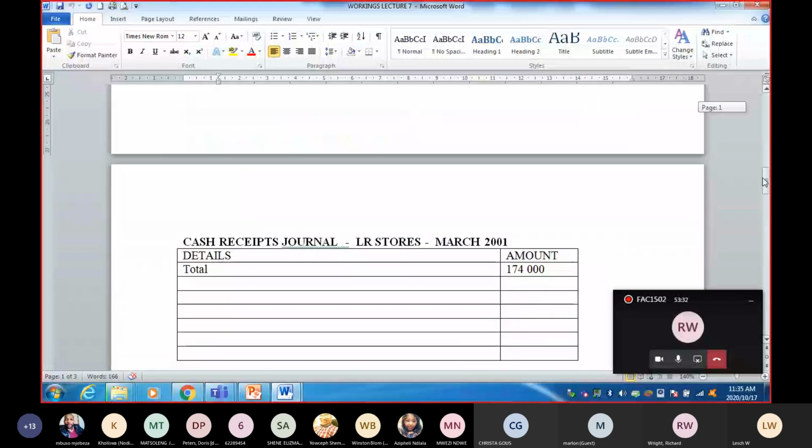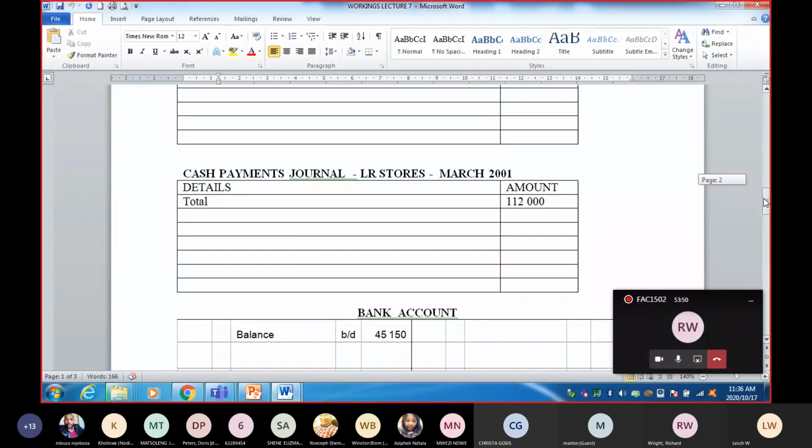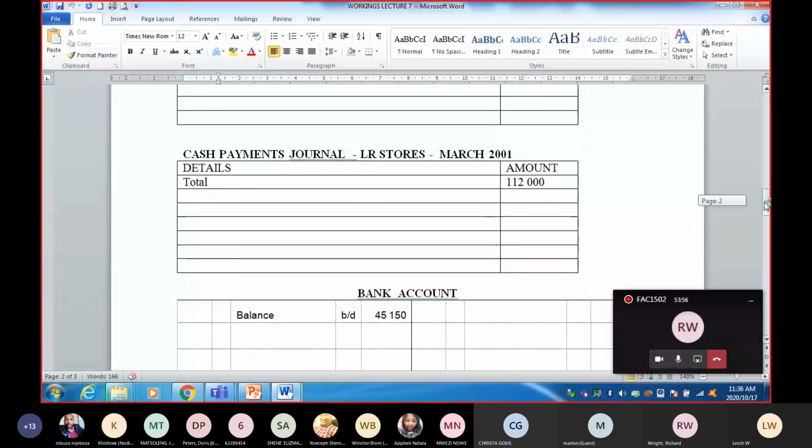Your cash receipts journal will start with a provisional total of 174,000 Rand, which is your total receipts. The cash payments journal starts with an opening total of 112,000 Rand.